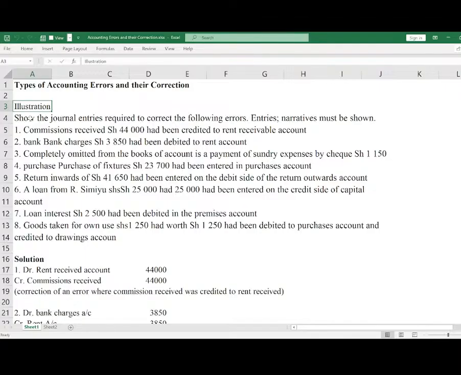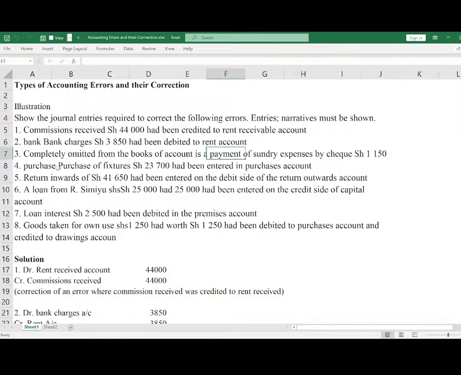So we are told commission received 44,000 had been credited to rent receivable account. Bank charges of 3,850 had been debited to rent account. Then completely omitted from the books of account is payment of sundry expense by cheque 1,150.